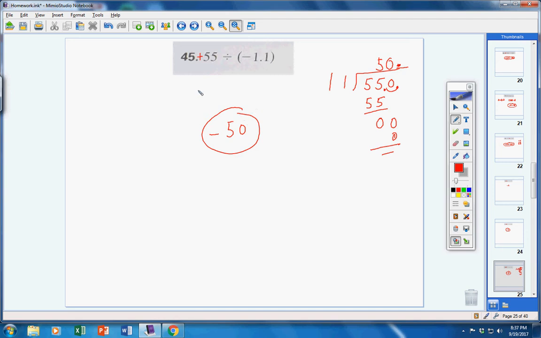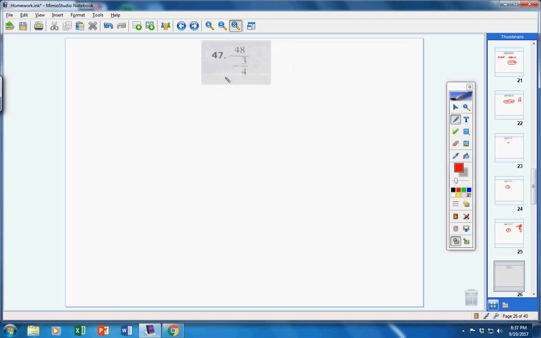Moving on to number 47. We have a positive divided by a negative, which is negative, and then we have 48 divided by 3/4, or in other words, 48 over 1 times 4/3.